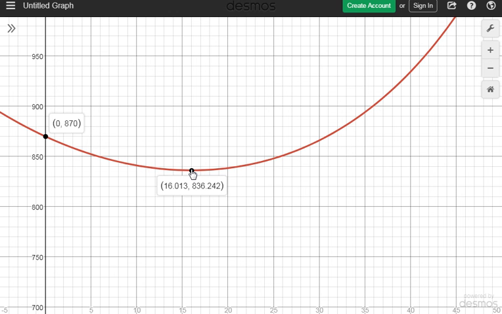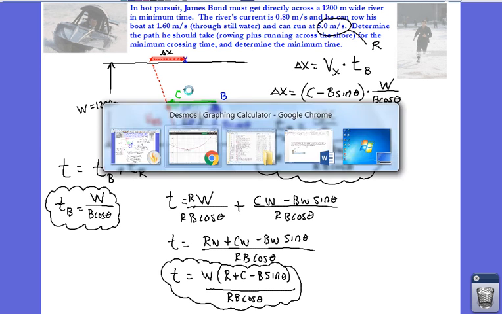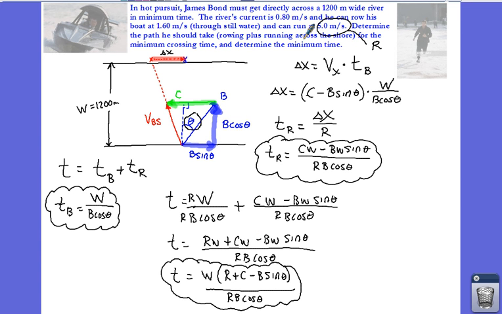That's the minimum time it would take for him to cross the river, 836 seconds. And that would occur if he went 16 degrees into the current. That particular angle would minimize our time to get across that river, taking about 836 seconds. And sure enough, James Bond would be able to get across that river, defuse that bomb, or catch that bad guy, whatever the case may be.